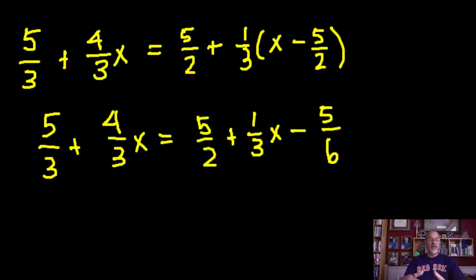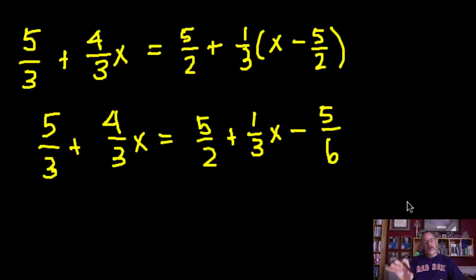So in essence, imagine or pretend that we are going to find the common denominator, turn them all into fractions with the same denominators, and add them. I have a denominator here of 3, another denominator of 3, 2, 3, and 6. So my least common multiple will be 6.